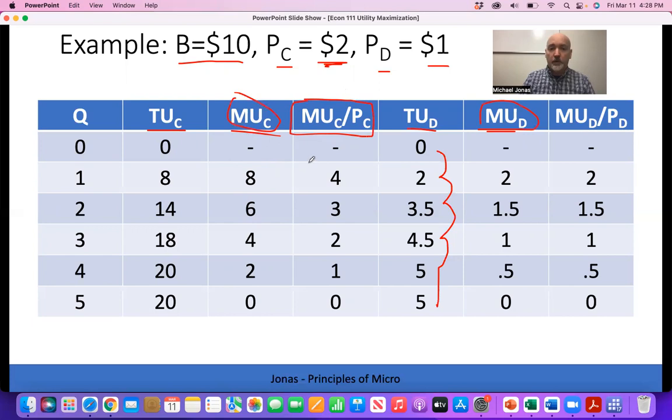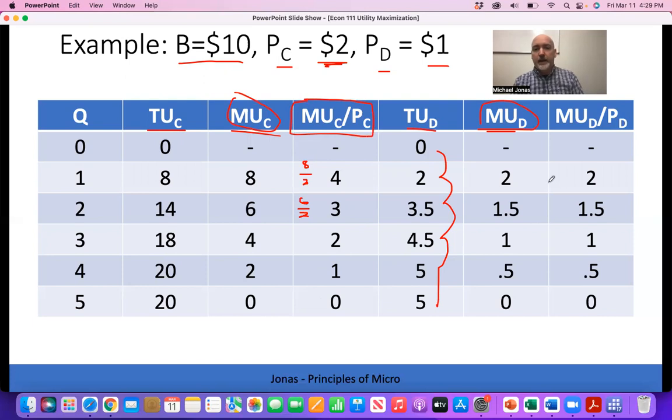So the 4 is coming simply from the marginal utility 8 over the price of 2. And that price is going to stay the same all the way down, right? So second unit gives me 6 units of utility divided by 2 gives me 3 units of utility per dollar spent. 4 over 2 is 2, 2 over 2 is 1, 0 over anything is 0.